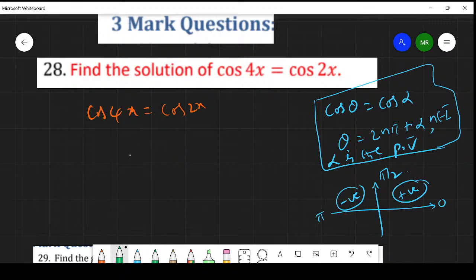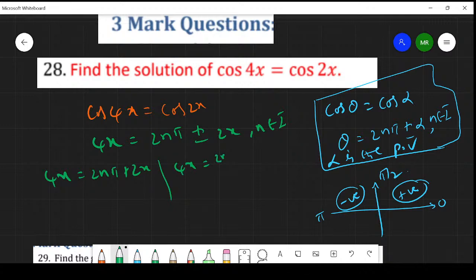So I can write the general solution: theta means 4x is equal to 2n pi plus or minus alpha, that is 2x, n belongs to z. This is one of the answers. Again, 4x is equal to 2n pi minus 2x.